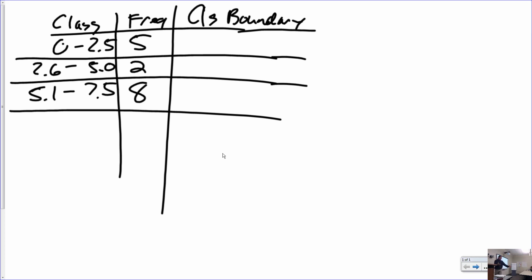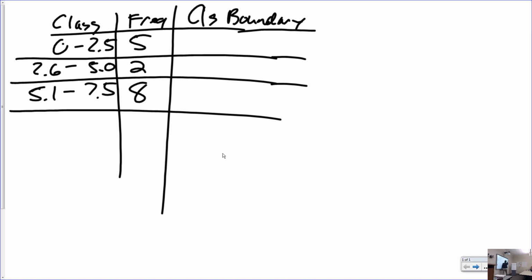How do we do it again? Minus whatever the width is, right? Don't you just take 2.5 and 2.6? Yes, so figure out the average between each successive upper boundary and lower boundary.